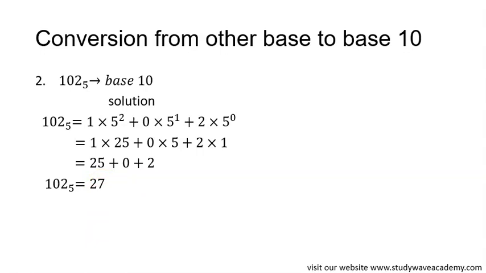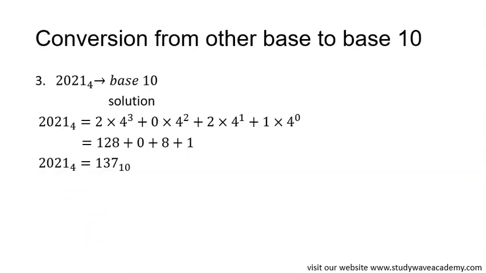Okay, good. So let's look at another example. We are to convert this number from base 4 to base 10. Can you do that? I'm sure you can, right? Okay, let's do it together. So what do we do first? We label our numbers from the right to the left, right?